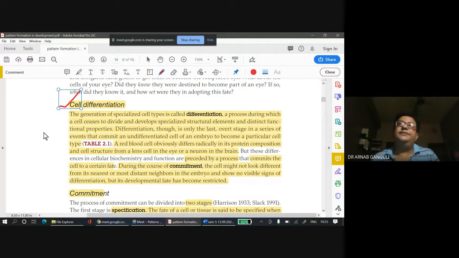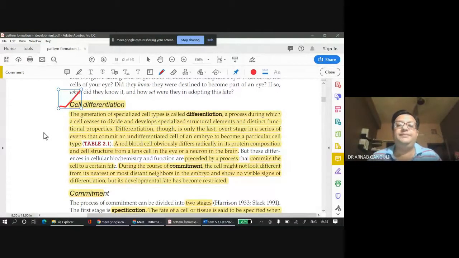For example, a cell is differentiating to become a nerve cell. First, the neuroblast, the nerve precursor cell, keeps on dividing.